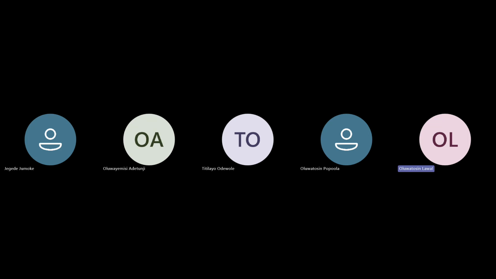So we have the product table, with the product ID, product name, and product category. Then here you have the product subcategory table.